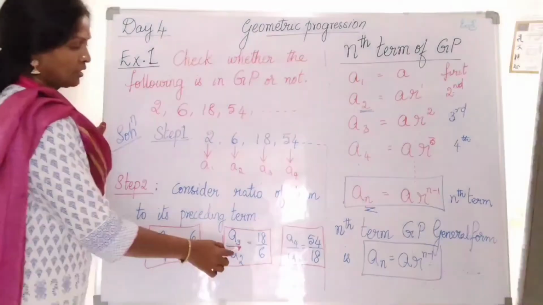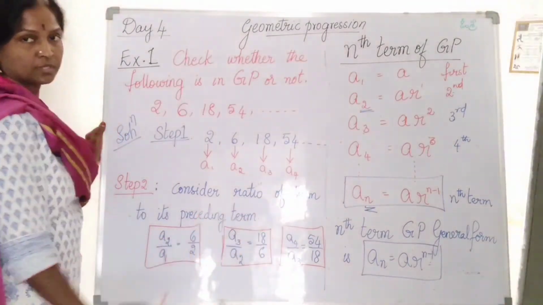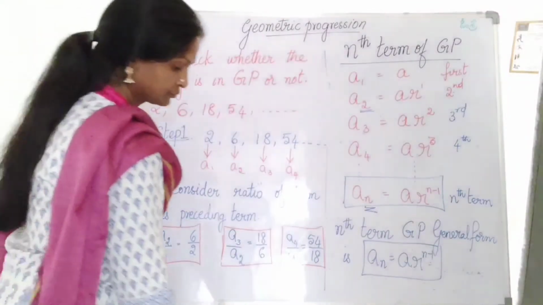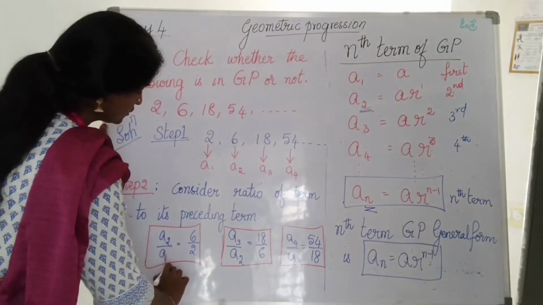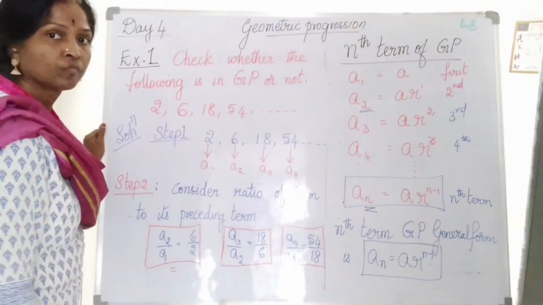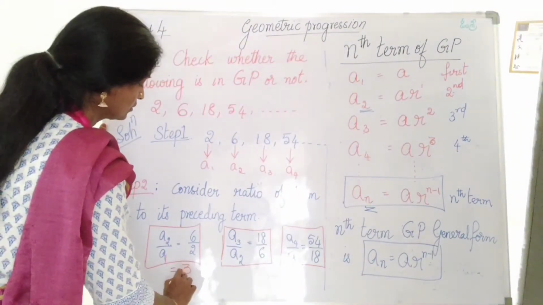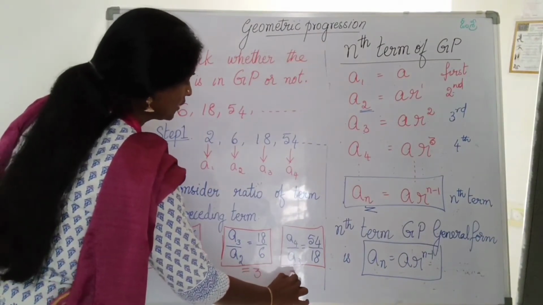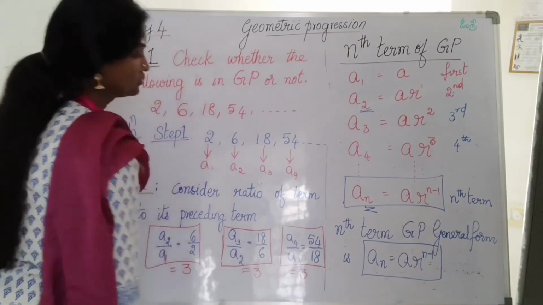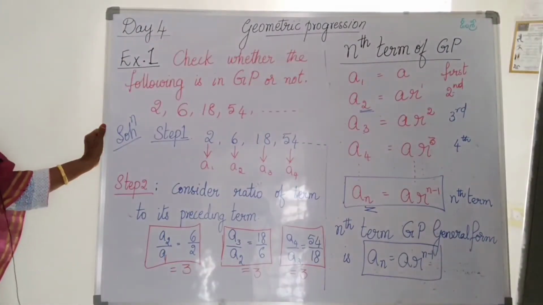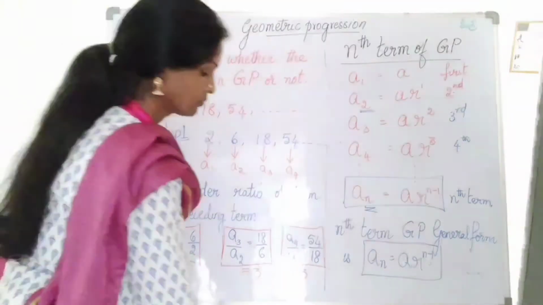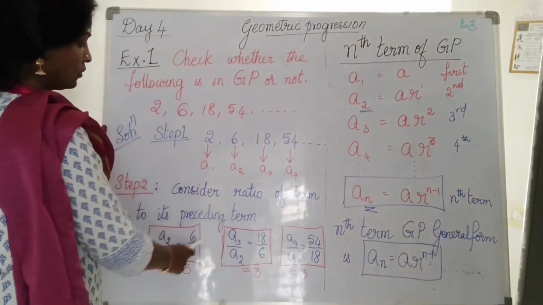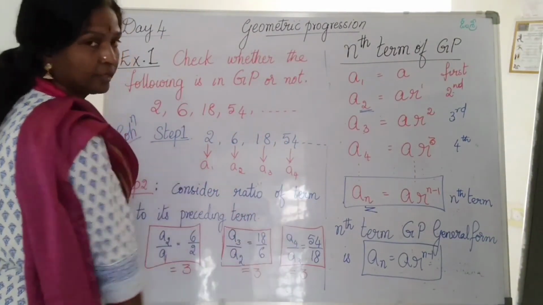Now what can you say about all these ratios? Are they equal or not? This is equal to 3. This is also equal to 3. This is again equal to 3. Hope you all know 2 table, 6 table and 18 table.